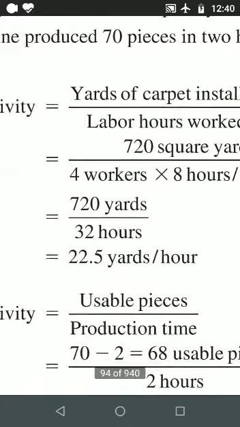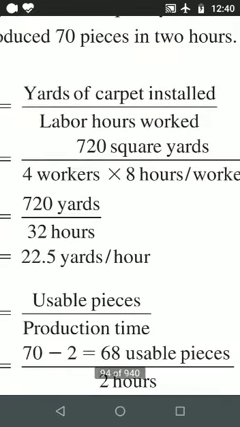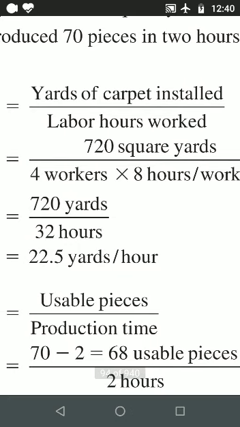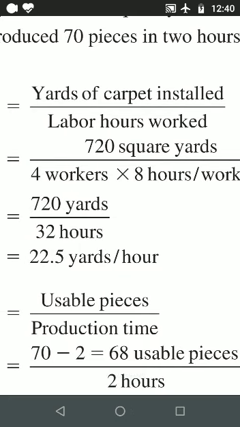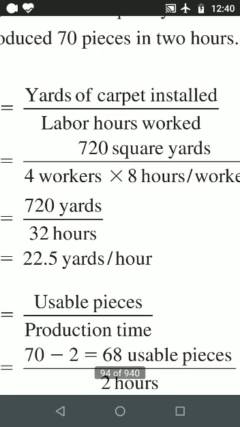The productivity is equal to yards of carpet installed divided by labor hours worked. So total output is 720 square yards, and the total hours working is 8 hours per worker, so 32 hours. So the productivity in this case will be 720 yards divided by 32 hours, so it is 22.5 yards per hour.